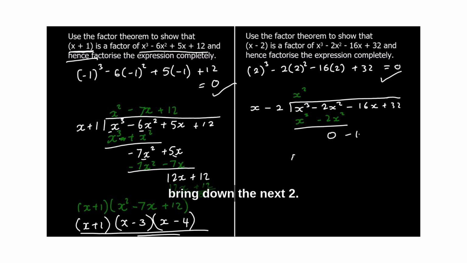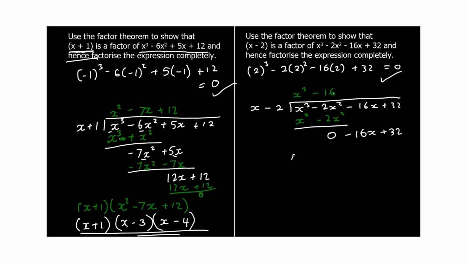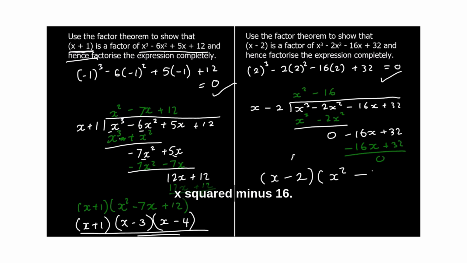Bring down the next 2. Negative 16x over x is negative 16, and then times by the negative 16, and we've got nothing left. So we have x minus 2 times x squared minus 16.